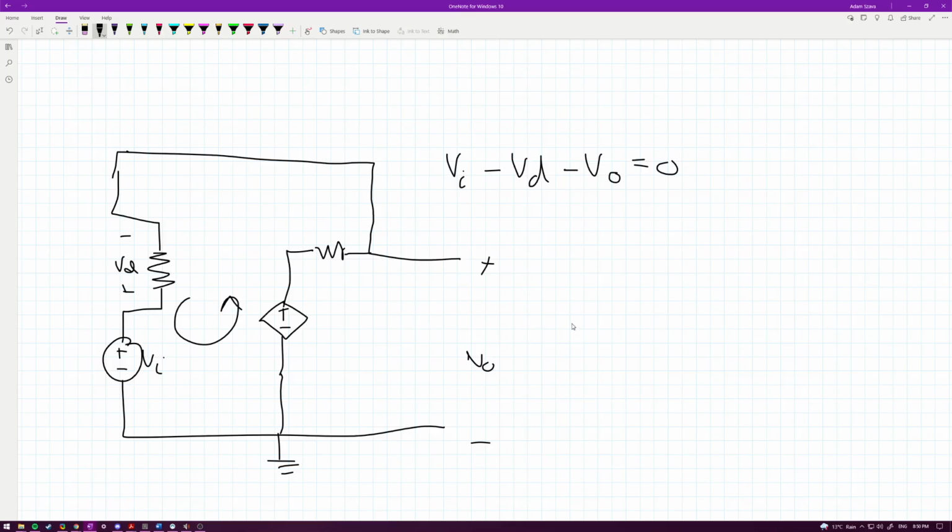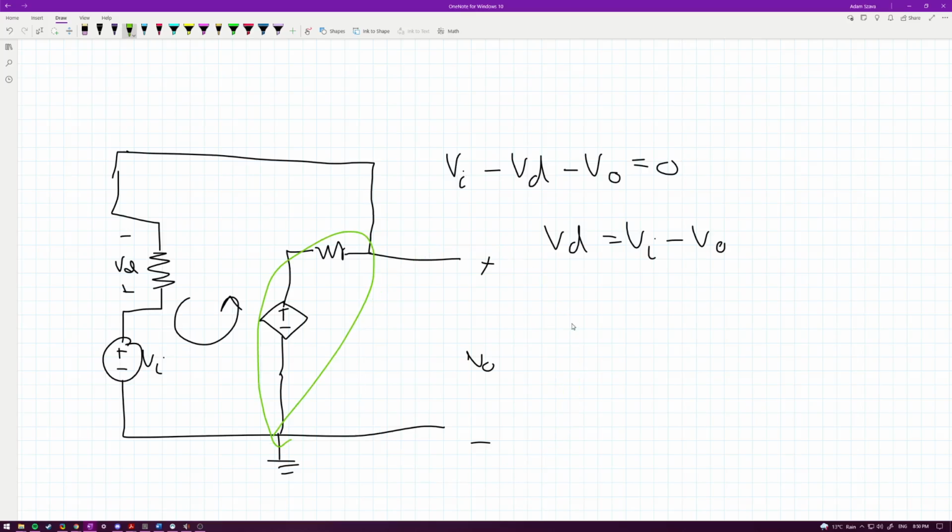And then from here, that turns into VD equals VI plus VO. That doesn't make sense. Is the dependent voltage source included in the KVL? Essentially, the voltage difference across this whole thing is VO.